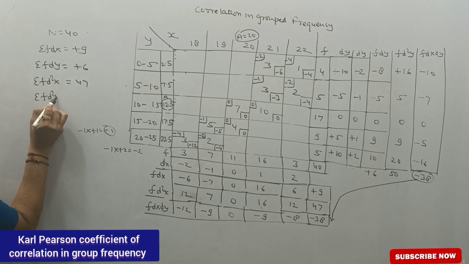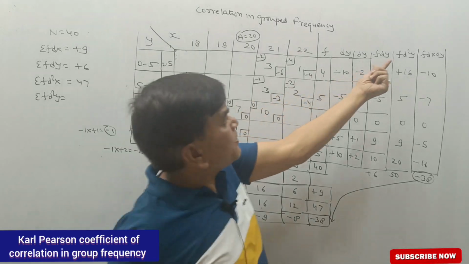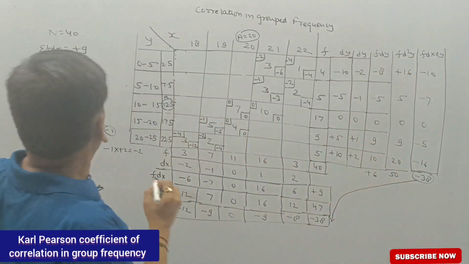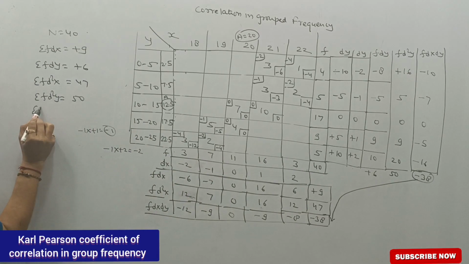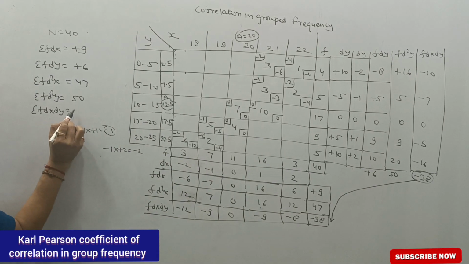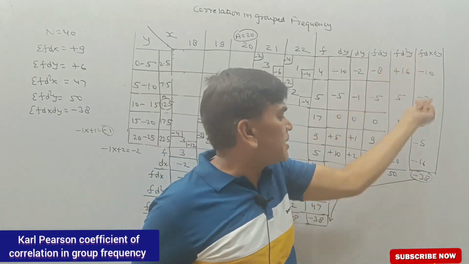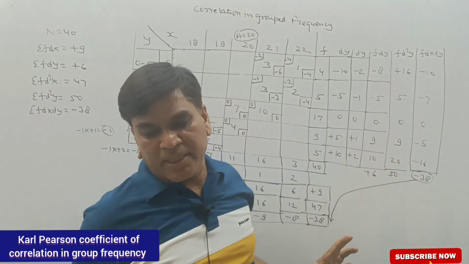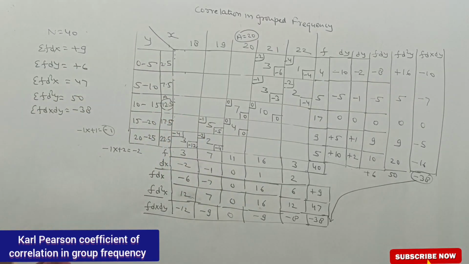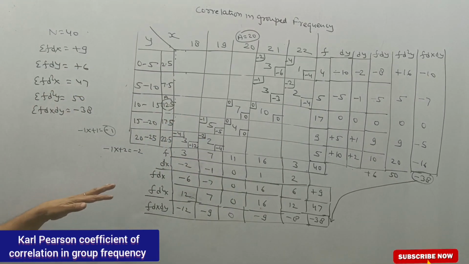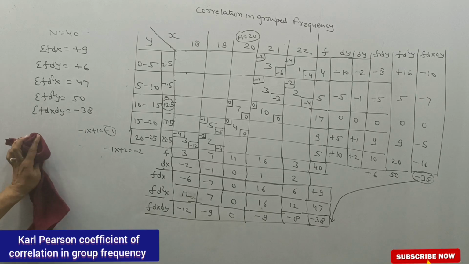Sigma f d square y we have calculated, that is 50. Sigma f dx dy that is minus 38 from this side also and from this side also, minus 38 is over there. So this is called the calculation of the correlation in group frequency data.